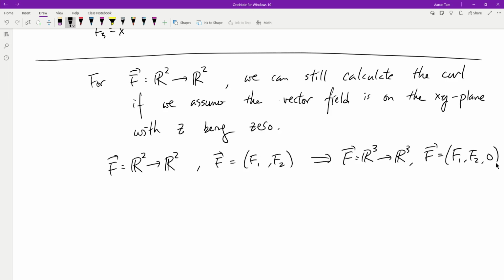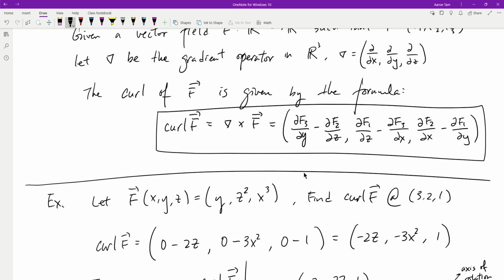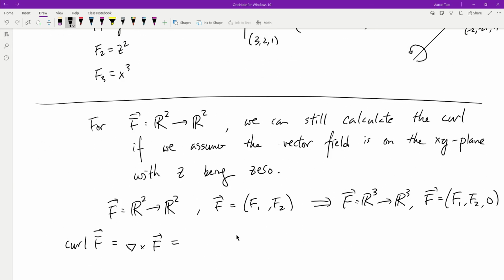If that's the case, notice that the gradient cross vector f, which is basically what the curl of f is, would be the following. Because the function f3 is 0, and we can also assume that z becomes 0, any partial derivative involving f3 would go to 0.